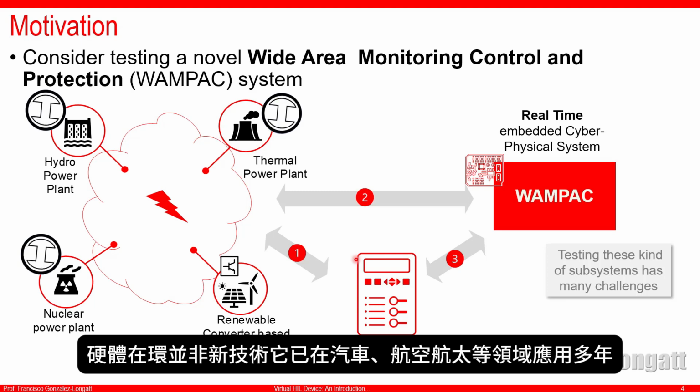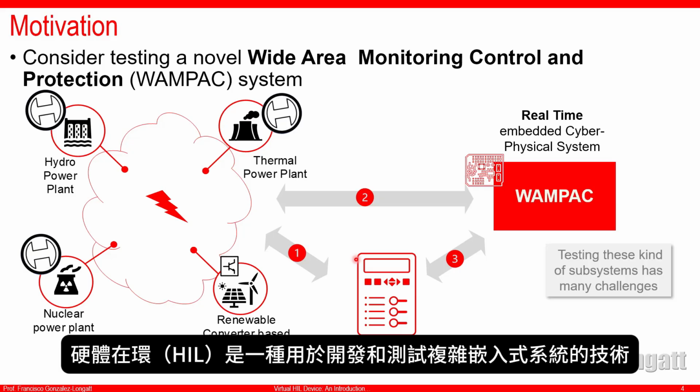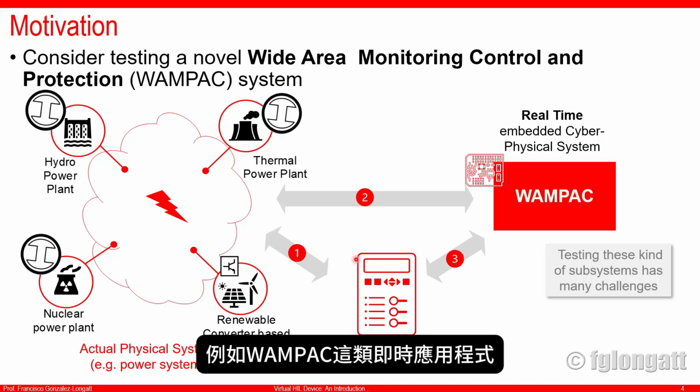And the bad news is that the TSO, the transmission system operator, will never agree that we create a blackout in the power system in order to get the proper signals related to the blackout and demonstrate that the WAMPAC is working. What I'm trying to say is that testing this kind of cyber physical system is very, very difficult, okay?